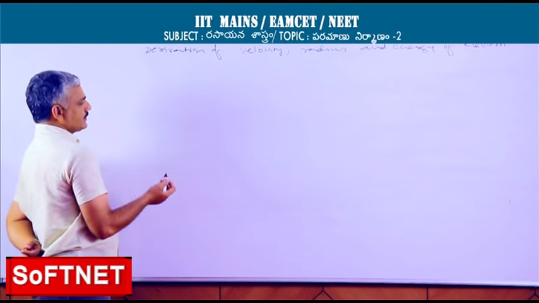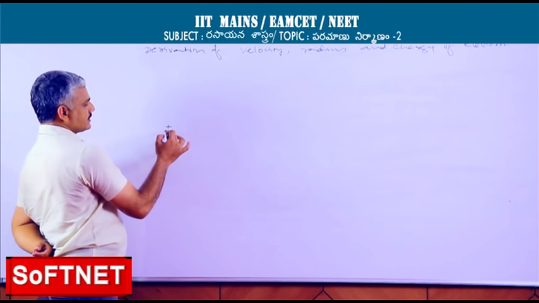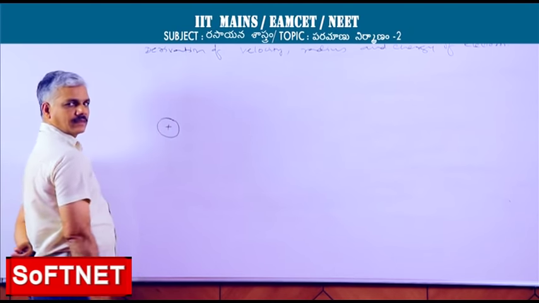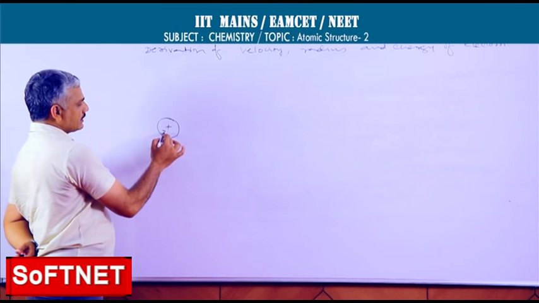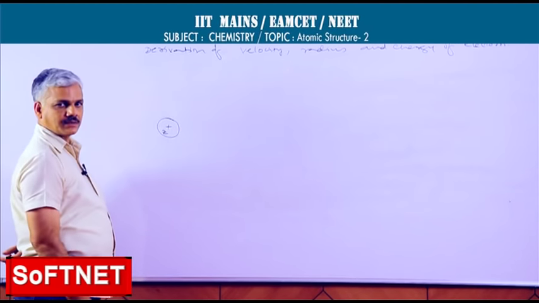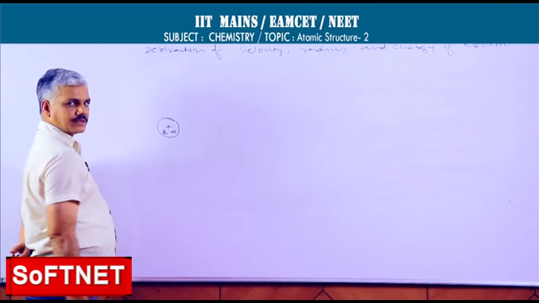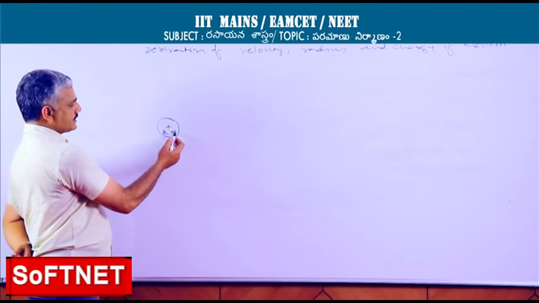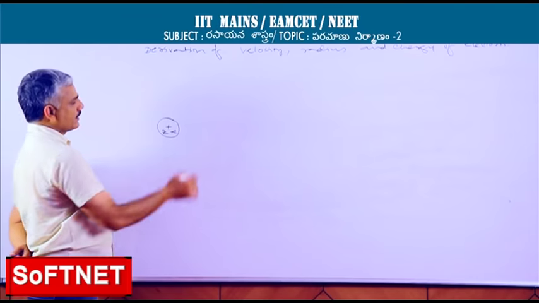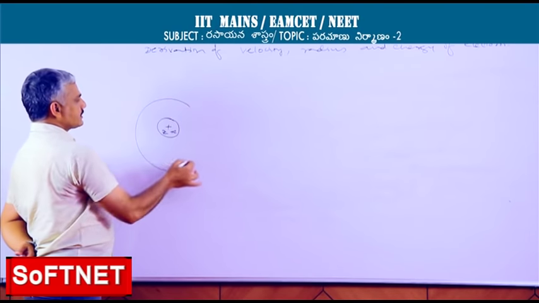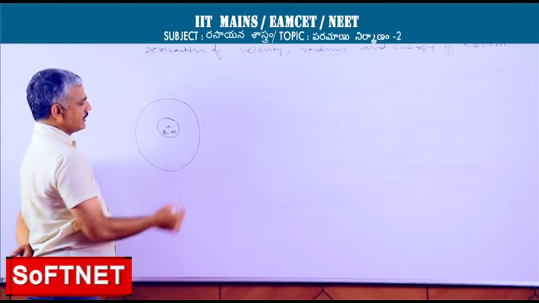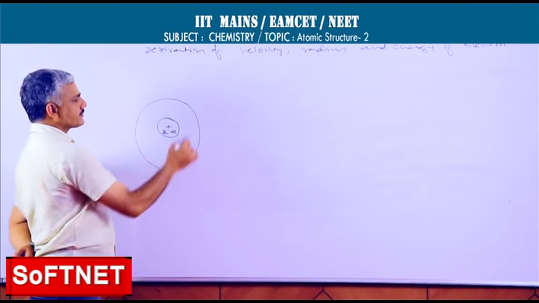For that purpose, visualize like this. This is the nucleus in which Z number of protons are present. Each proton carries 1 unit of positive charge. Let us represent it as plus E. Round that nucleus, electron is moving, say, in the first orbit.